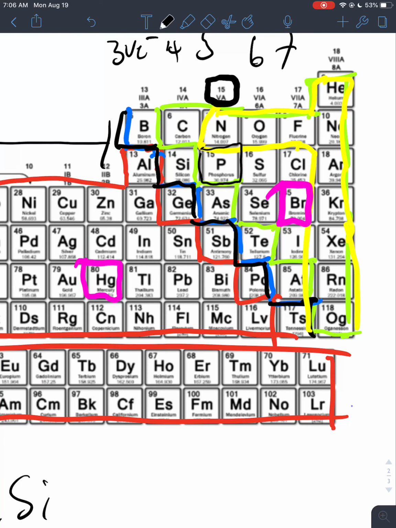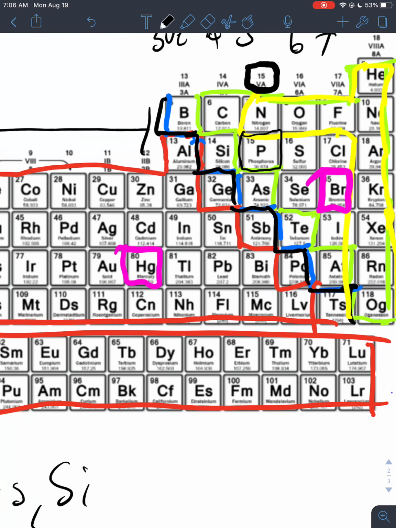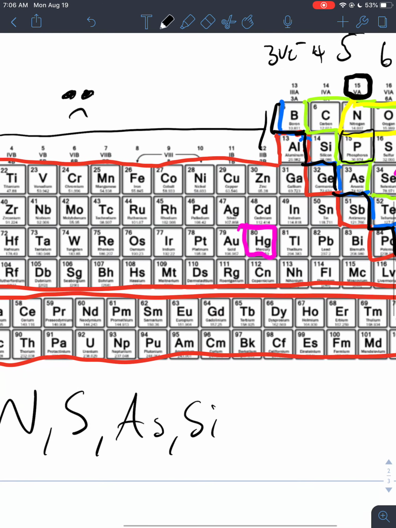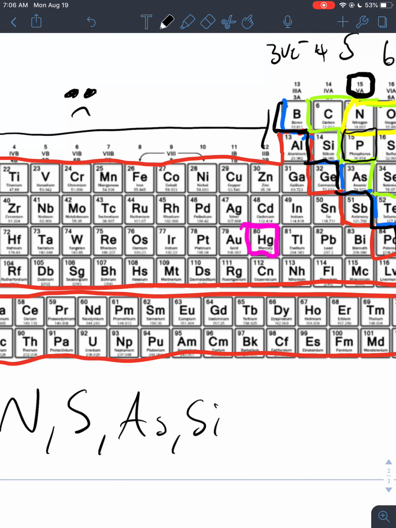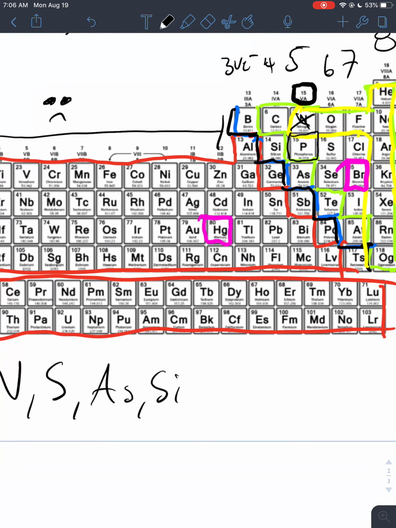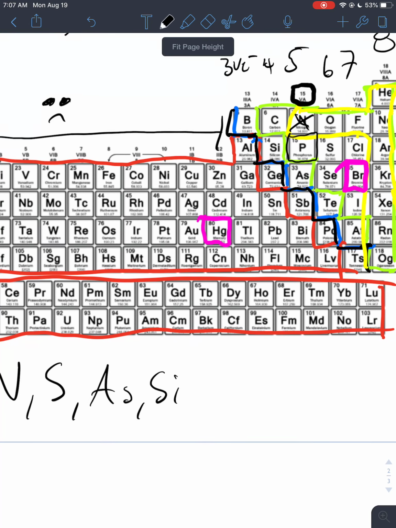Circled it in black. It's 15. It's in group 5, so I'm looking for something else with 5 valence electrons, but it has to have a greater atomic mass, okay? First option, I look at nitrogen. Nitrogen has 5 valence electrons, but I'm going to put a line through it. It is less atomic mass. It's up in the column, so it would not have a greater atomic mass. That's not what the researcher is looking for.